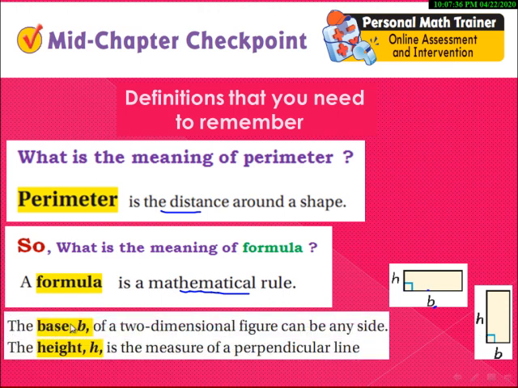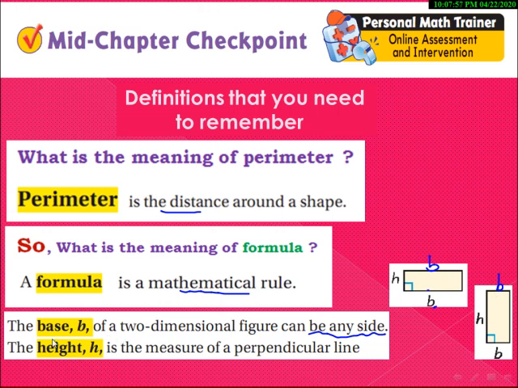So the base B of a two-dimensional figure can be any side. Don't forget it can be any side, here or here. Or you can name this side also B and this side also B.